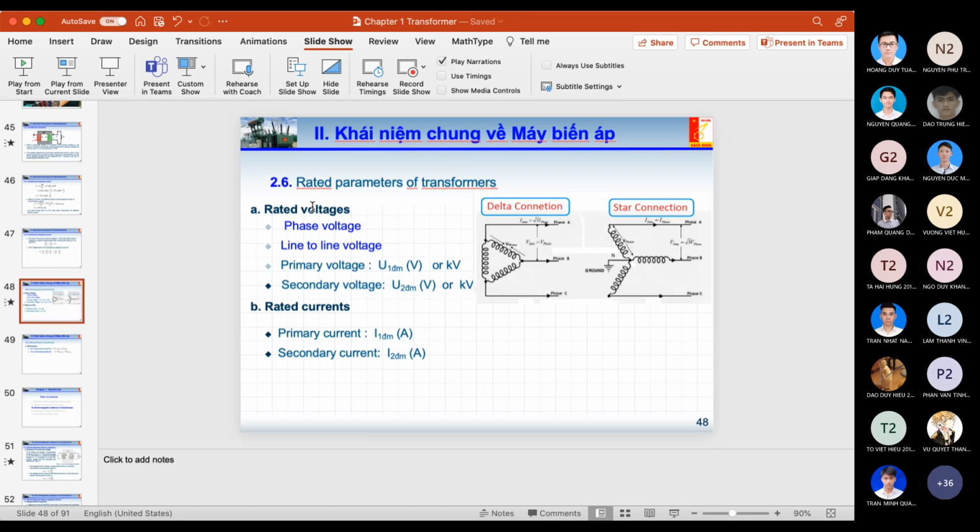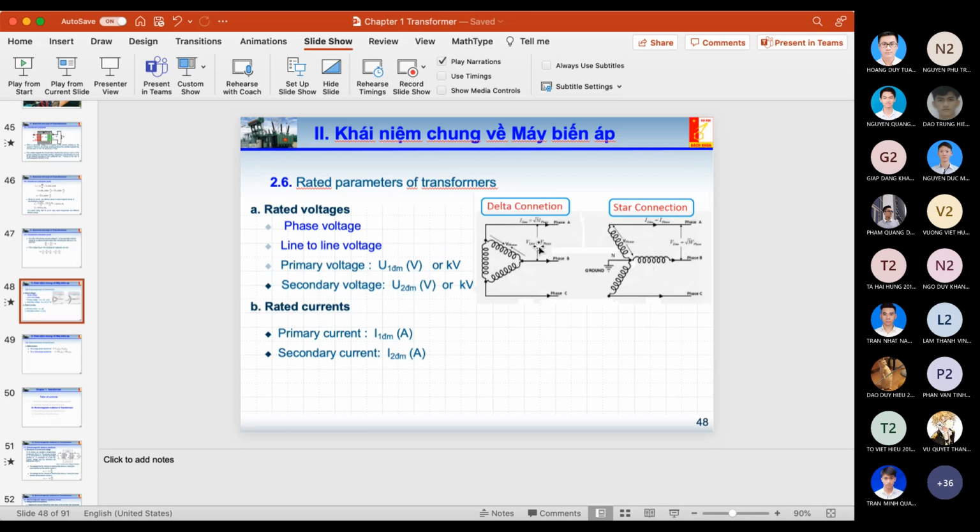For the rated voltage, it depends on the connection of the transformer. Have a look at the figure on the right hand side of the slide. You can see, for example, the winding of the transformer is connected in a delta connection, or in a star connection here. Of course, in the delta connection here, according to you, can we take the phase voltage or not?